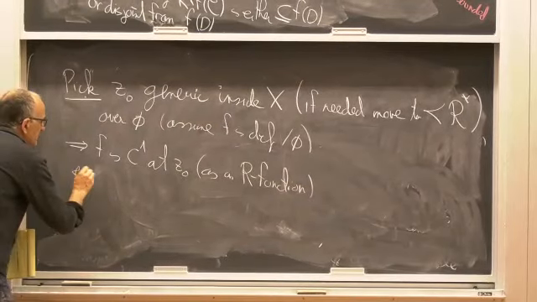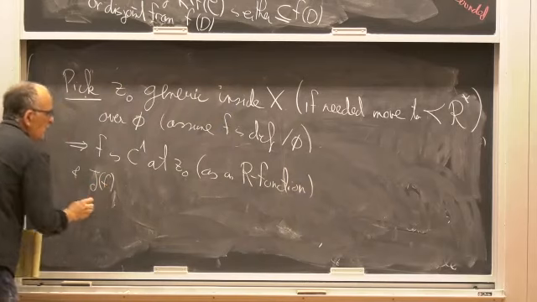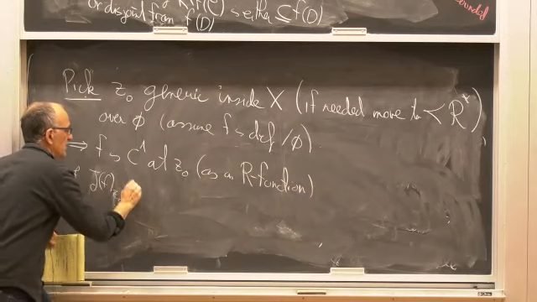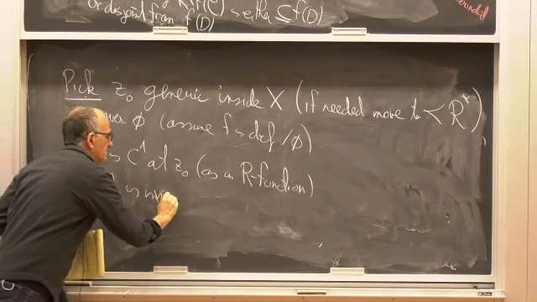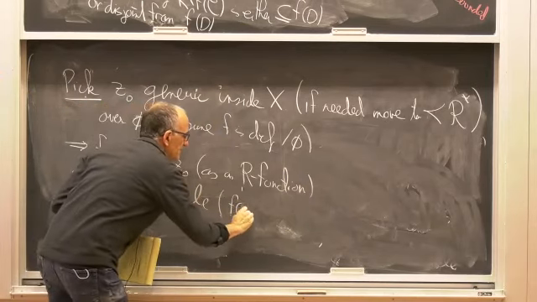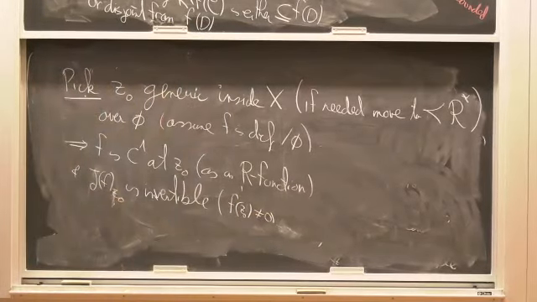And because its derivative is not zero, Jf, the Jacobian of F at Z0, how do we write this, I guess like this, is invertible, because F prime of Z0 is non-zero. You'll see in a second why I need that.